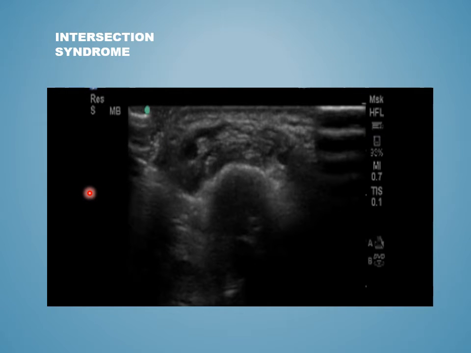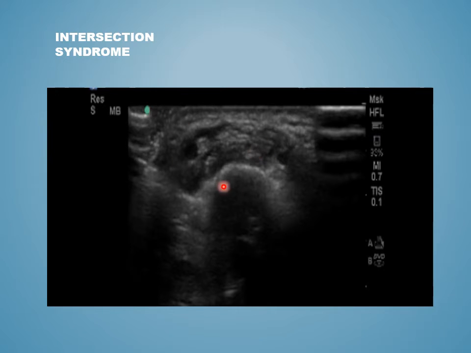Another mimicker of the DR.Ahmed tenosynovitis is the intersection syndrome, which occurs at the site of intersection between the tendons of the first compartment and the second compartment. So the tendons of the first compartment, which are the abductor pollicis longus and the extensor pollicis brevis, pass above the tendons of the second compartment, which are the extensor carpi radialis longus and brevis, about 4 centimeters proximal to the styloid process.